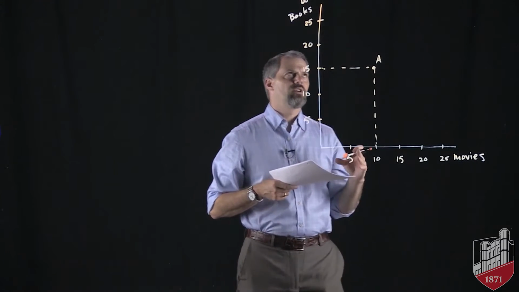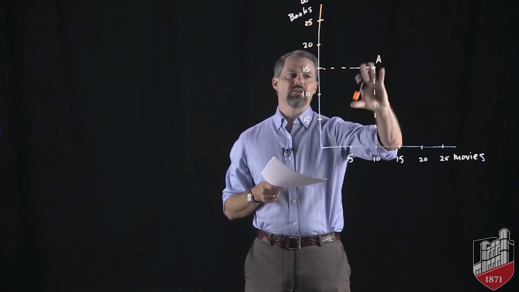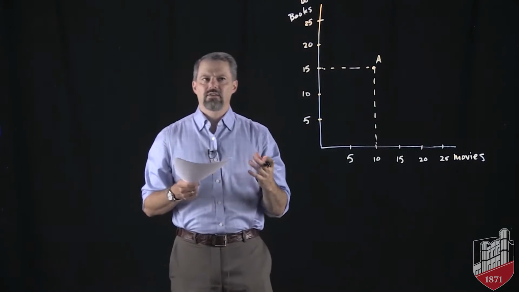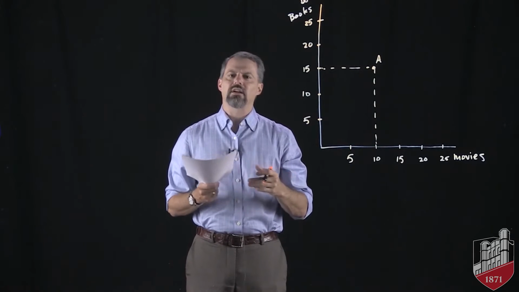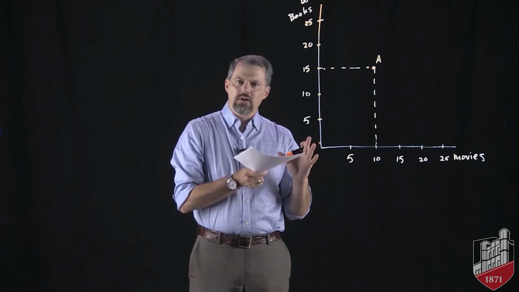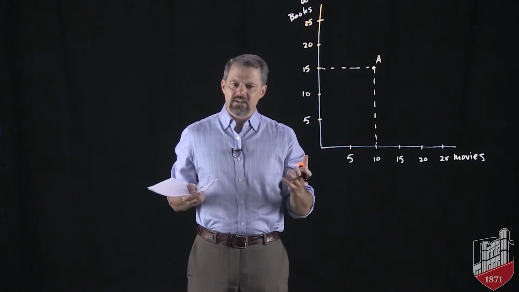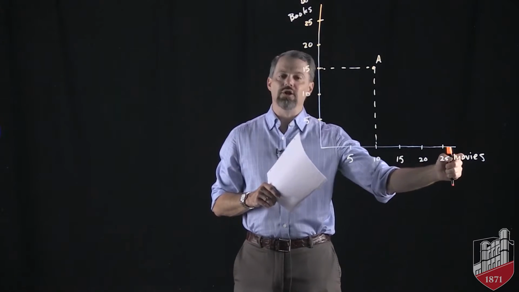And we want to think about how the consumer would like other combinations of books and movies compared to point A. There are some easy comparisons that we can make. We know that consumers are going to want to consume more of the goods rather than less. One of the assumptions we're implicitly making here is that these are goods.